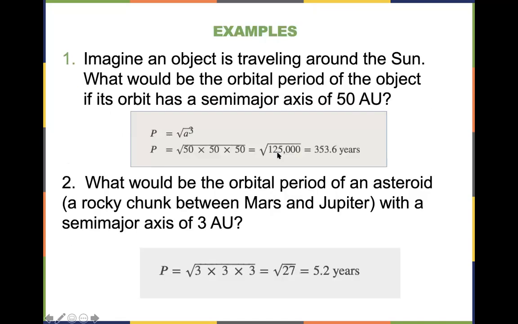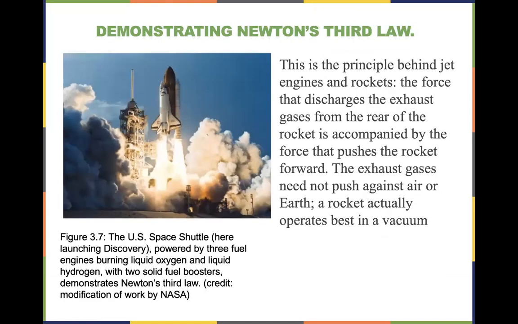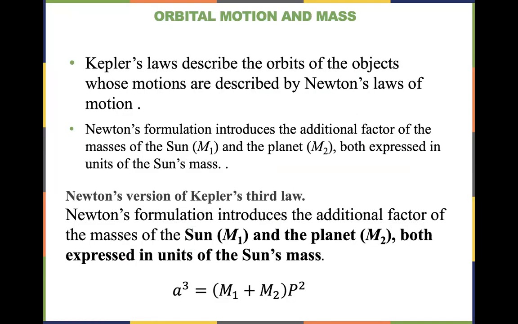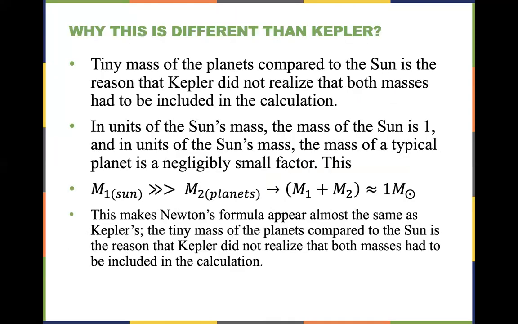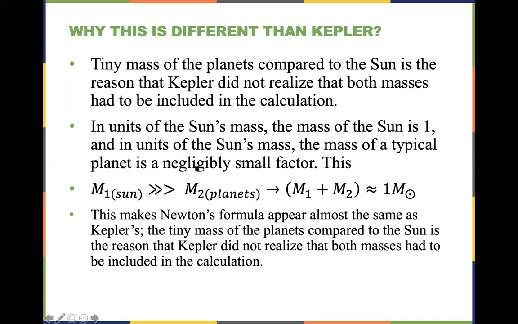The reason is that when you consider a planet and the sun in our solar system, the mass of a planet is very small compared to the mass of the sun. Because of that, the value of m1 plus m2 can be approximately equal to one solar mass.